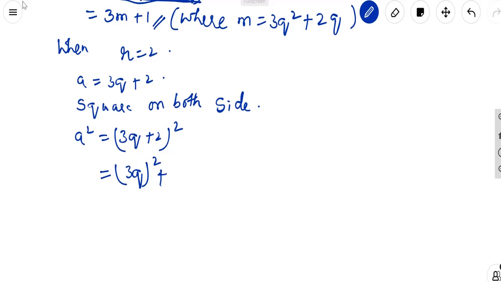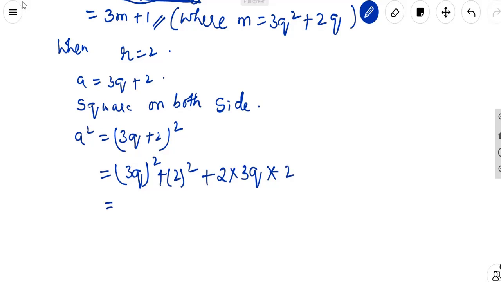So this is a square, I have written 3q whole square, and b square, what is the value of b? b is 2 here, so this becomes 2 whole square plus 2ab. So it is 2 into a, 3q, into b. So b is what here?